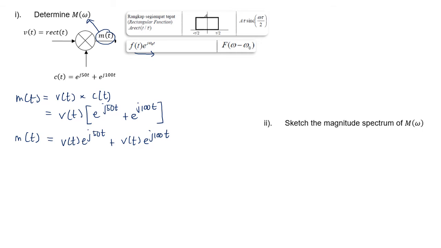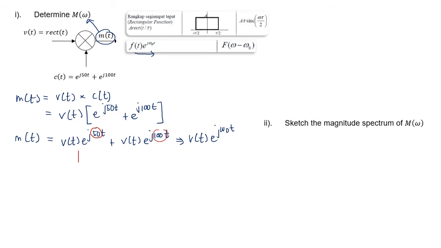So in this case, you know that e^{j omega t}, compared to V(t) e^{j omega naught t}, you may notice that you have the first omega naught and the second omega naught.